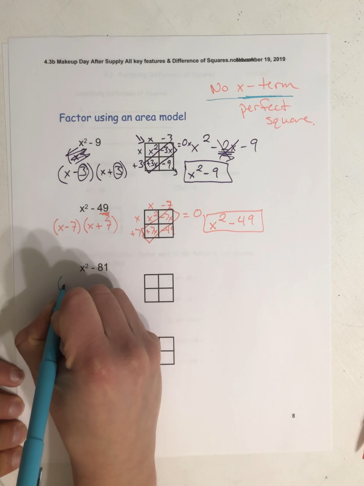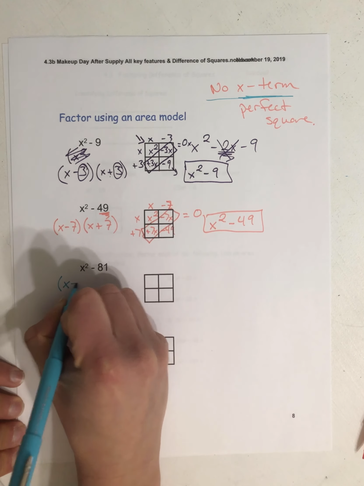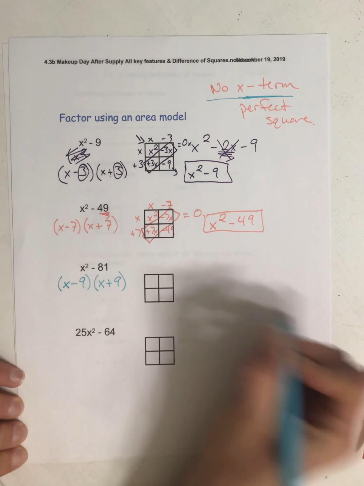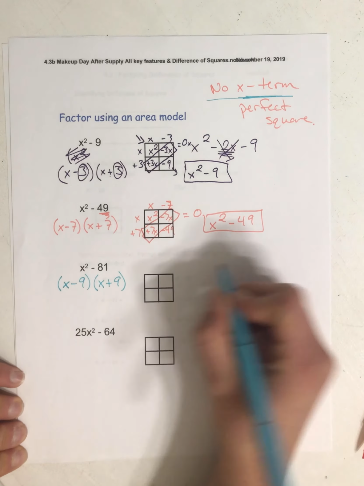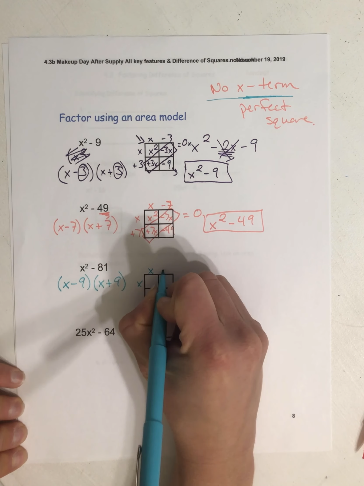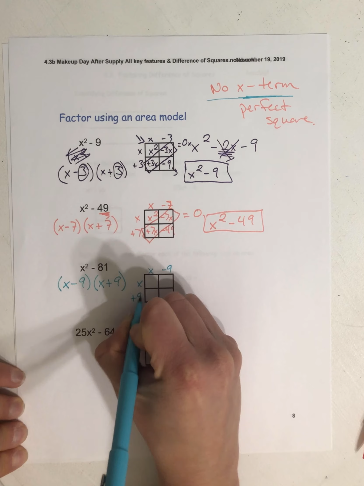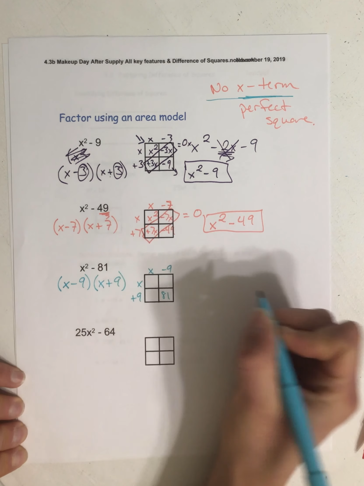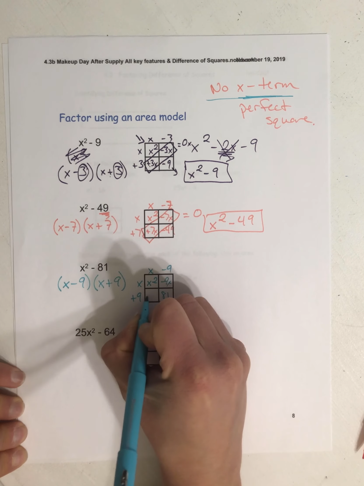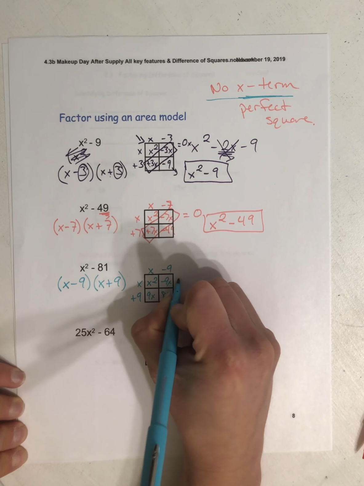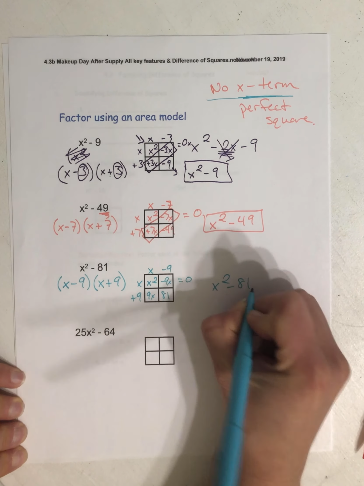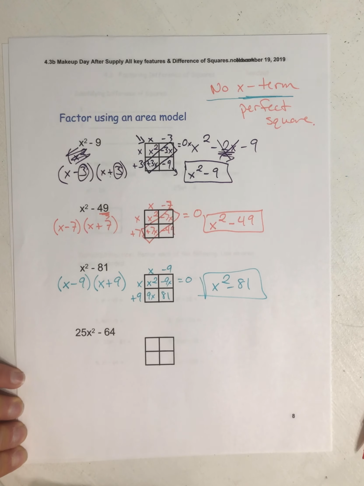Okay, so then we go x minus 9, x plus 9, and you can check it and you'll get negative 9 times 9, we would get 81, x squared minus 9x plus 9x, that gives us 0, so we get x squared minus 81. Okay?